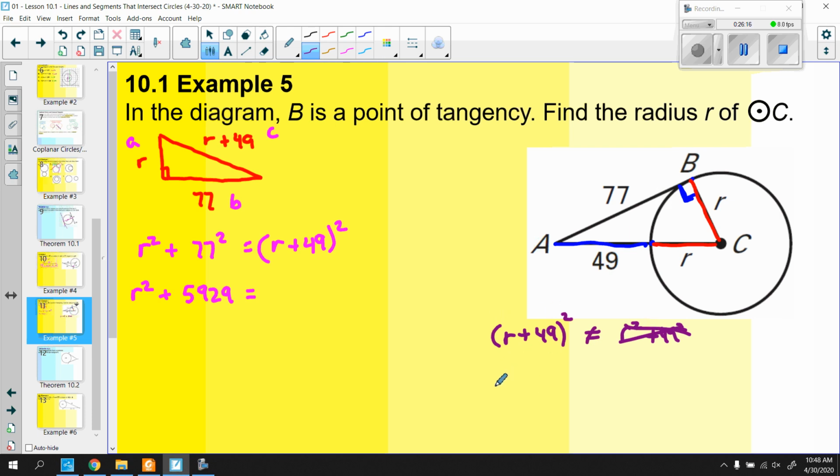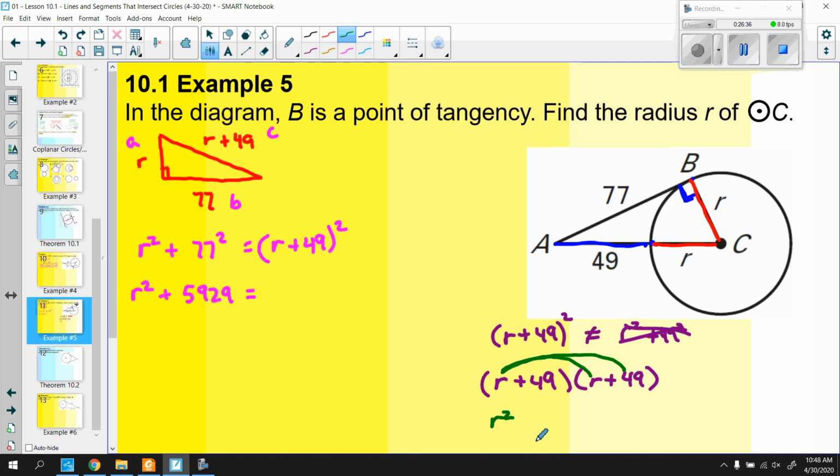How does this work? What does this actually mean? It means r plus 49 times r plus 49. That's how you square something, right? You multiply it by itself. Oh yeah, we've seen this before, right? A long time ago, but we've seen and done this. R times r, r squared.